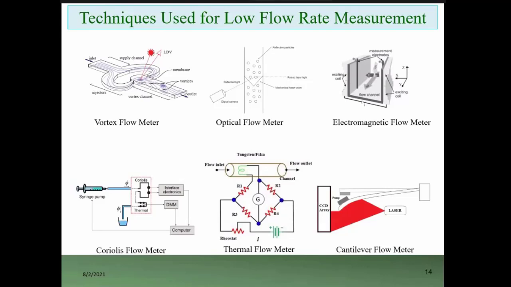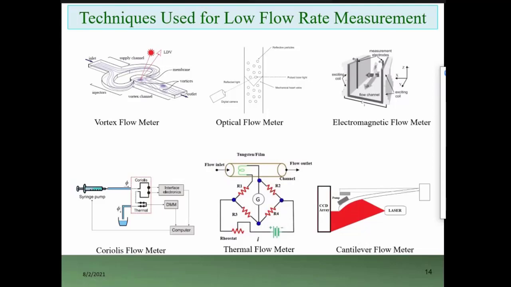In the case of the thermal flow meter, the flow rate can be measured from the change in resistance due to the thermal effect in a balanced Wheatstone bridge. And finally, if I talk about the cantilever-based flow sensor, the flow rate can be measured from the deflection of the cantilever sensor.